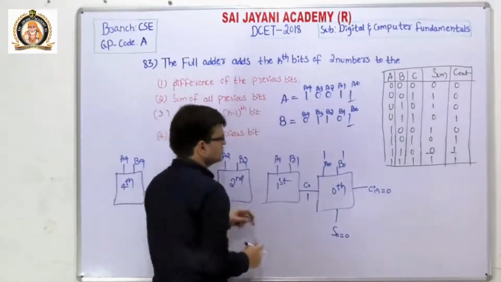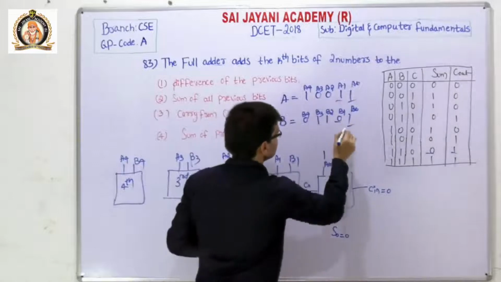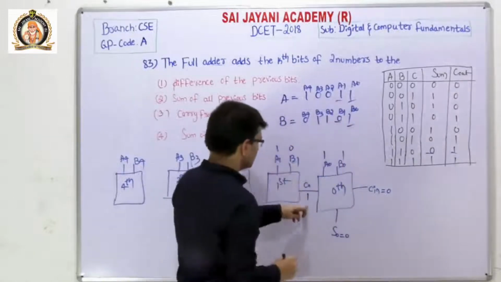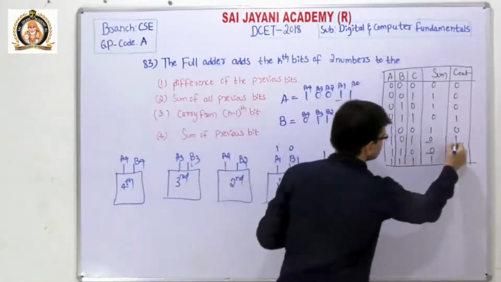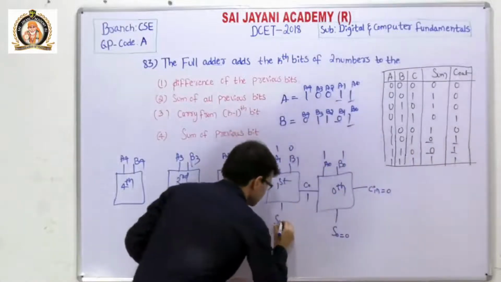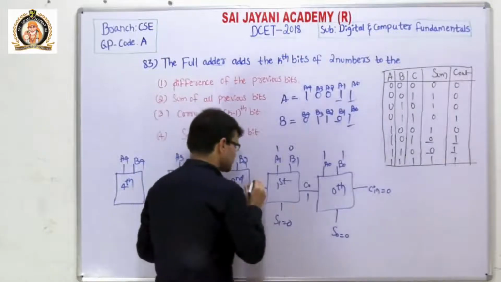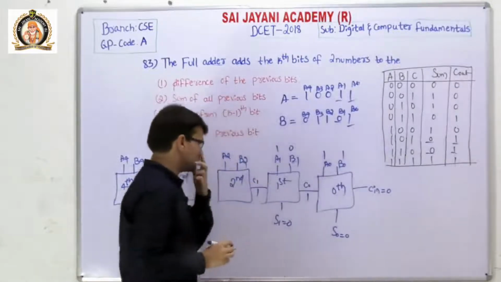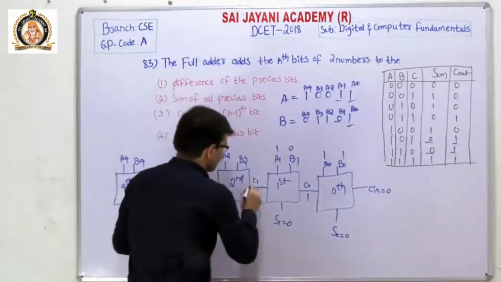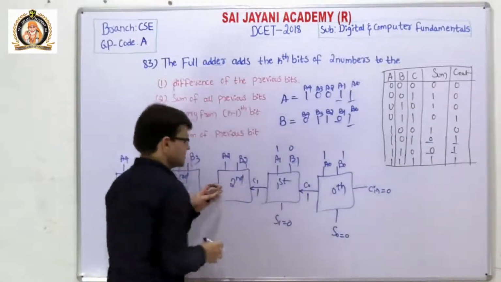Here A1 value is 1, B1 is 0, and C0 is 1. For 1 0 1 we have sum 0 carry 1, and this carry is generated from first full adder, so it has to be taken as C1, and this is applied to the next full adder, that is second full adder.